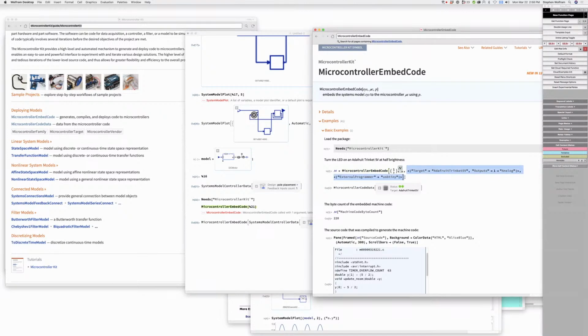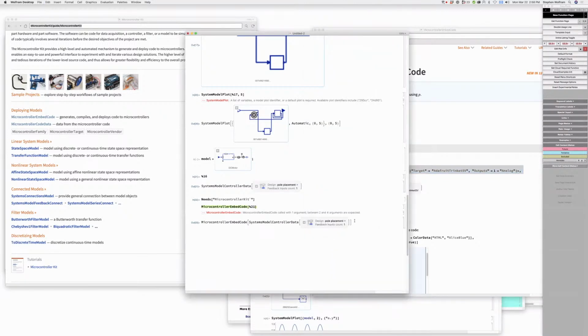And you think I can use those? Yes, you can. The first argument needs to be modified too. How? Because you need to get out the controller. That object contains lots of things, and you only want the feedback gains model. Okay, but this should actually just work, right? Probably. Microcontroller embed code should pull out the thing it needs. What do I need to pull out here? Feedback gains model.